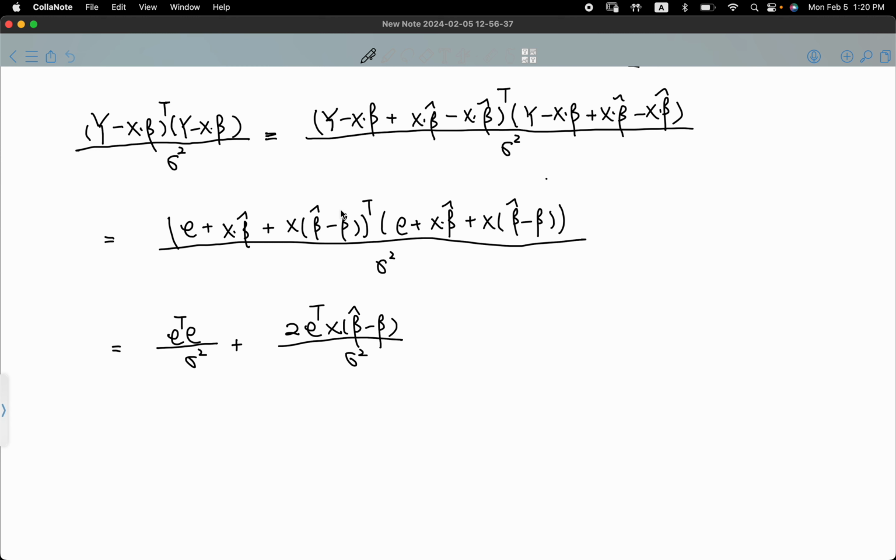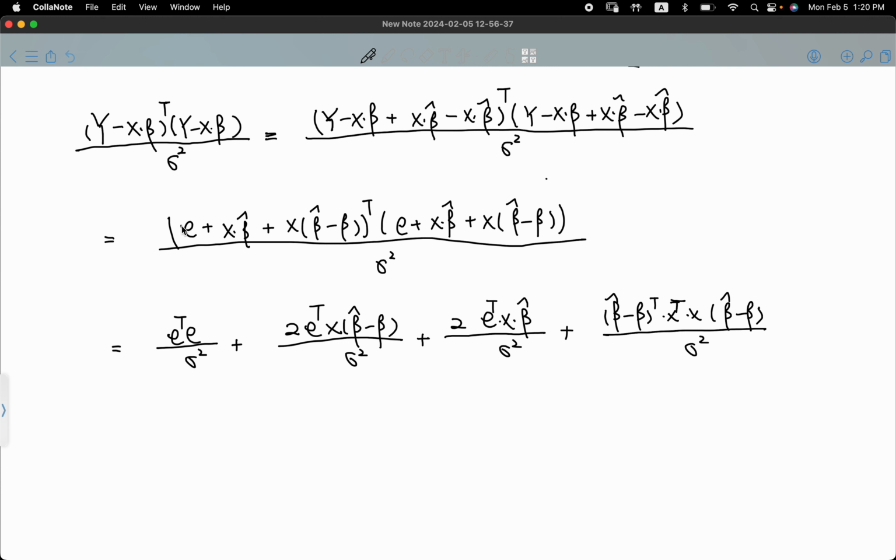So that's that, and we also have E transpose X and beta hat plus beta hat minus beta transpose X transpose X beta hat minus beta over sigma square.